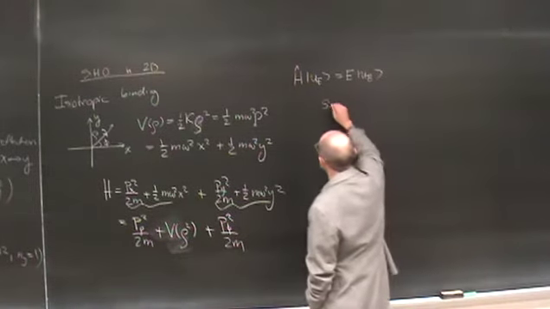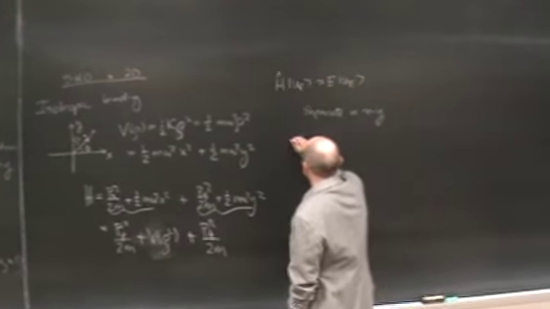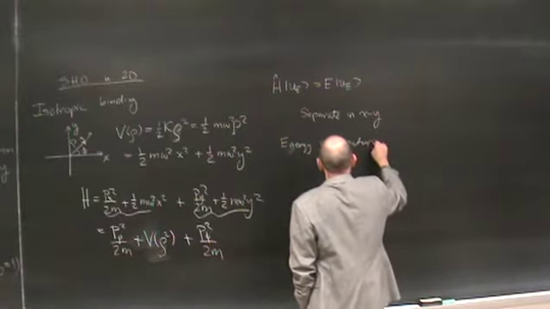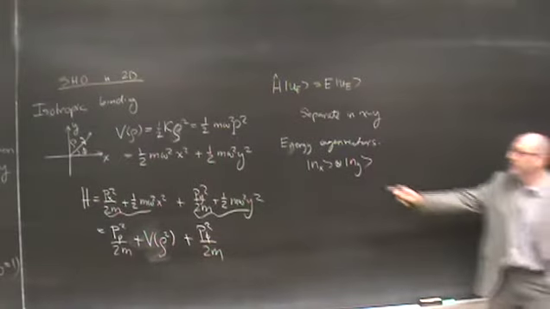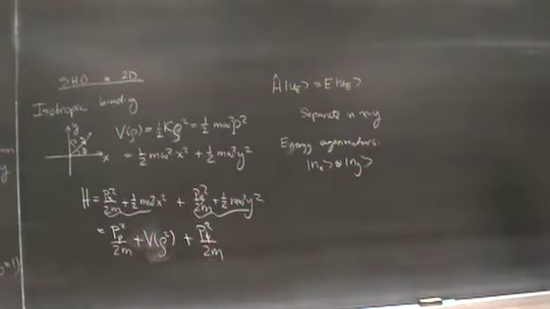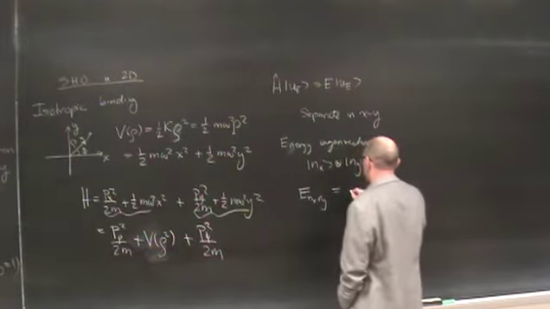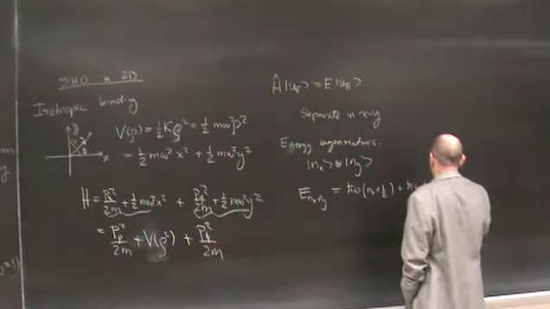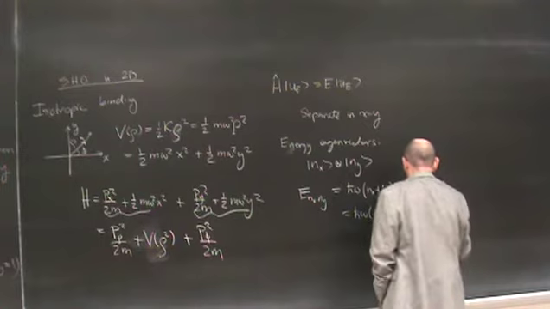So if I separate in x and y, then my energy eigenvectors I can write as this, where each one of these corresponds to a number of harmonic excitations, either in x or y, right? And the energy eigenvalue, given those two quantum numbers, is h bar omega nx plus a half plus h bar omega ny plus a half, or h bar omega nx plus ny plus 1. I'm sorry, plus 1.